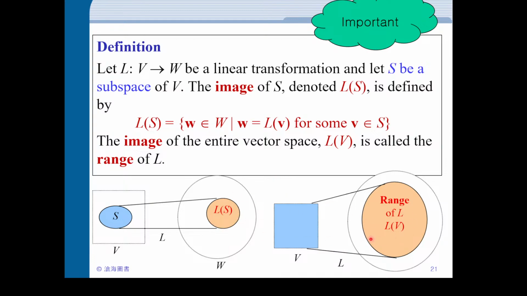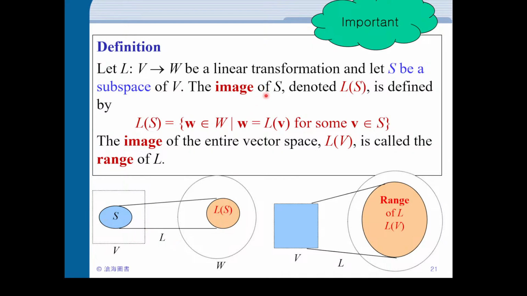The image and range are now subspaces inside W. What's the image? The image needs to be defined with another piece of information, so it's not just defined by V, L, and W. The image is an image of some subspace under L. So we have some subspace S inside V, and then we can define the image of S, which is whatever gets mapped from S by L.